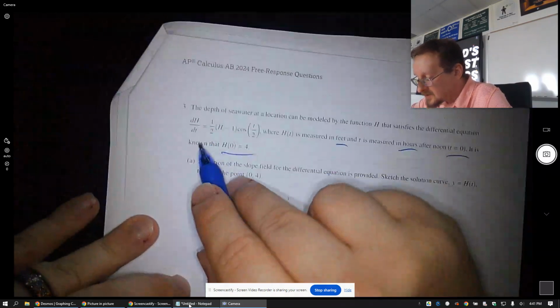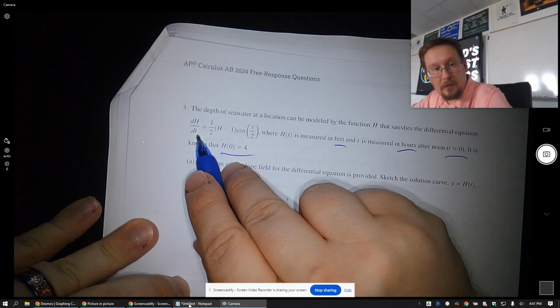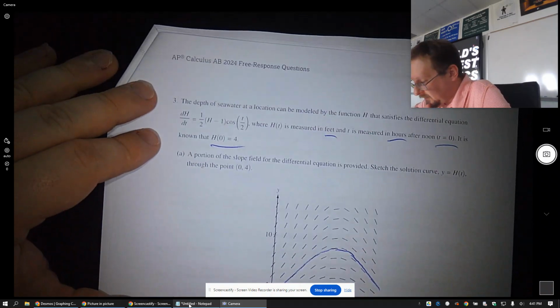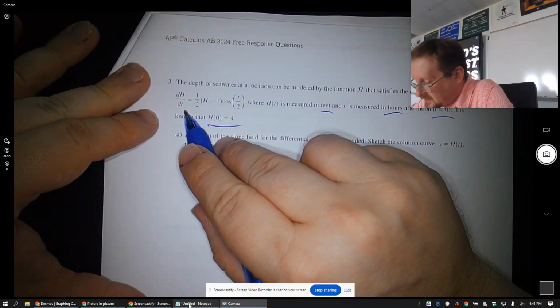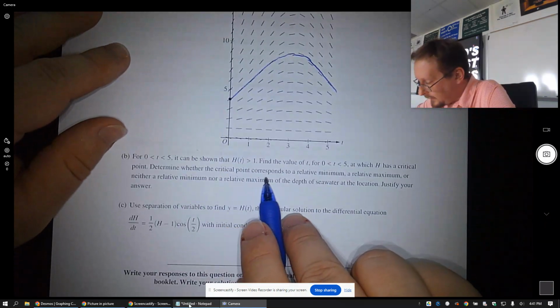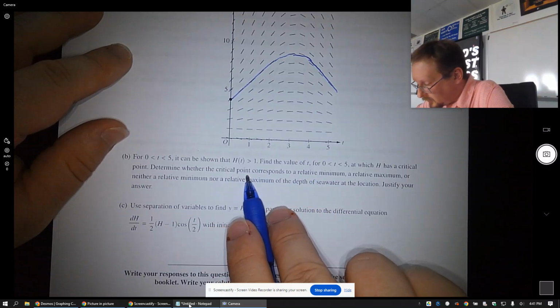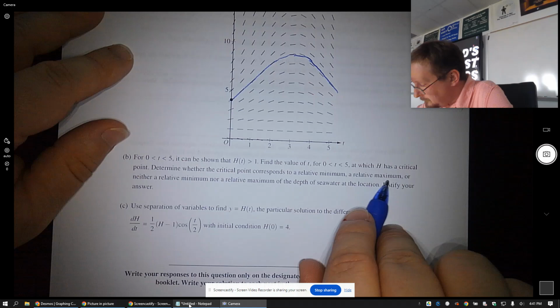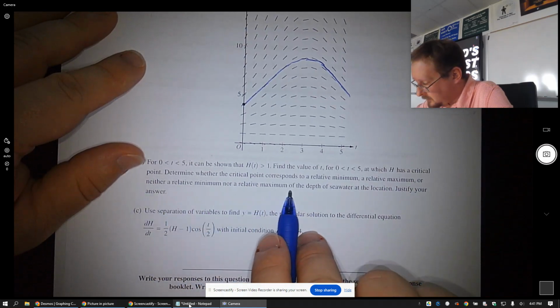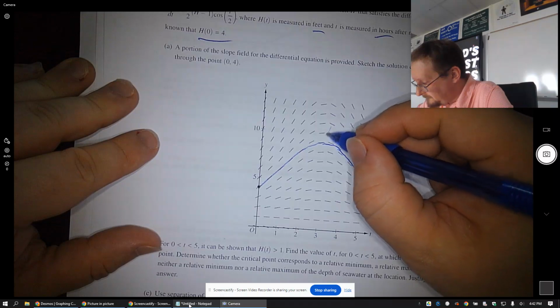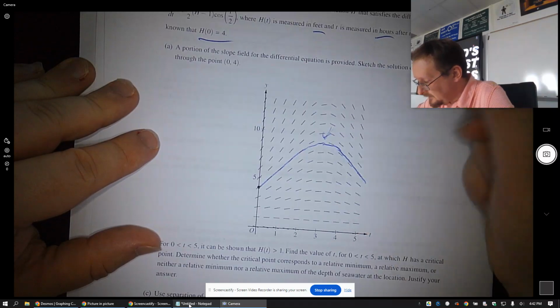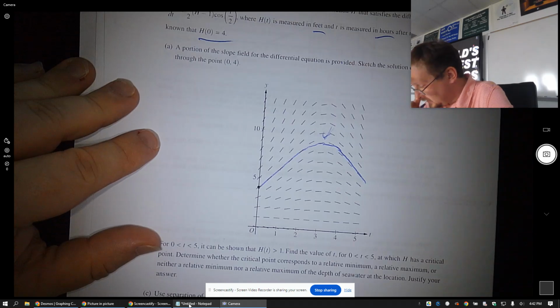Oh, that's just when the derivative equals 0. So dh dt is equal to 0. Then, does the critical point correspond to a relative minimum, maximum, or neither? I mean, can you use your eyes? That's a relative maximum. How clueless are you?